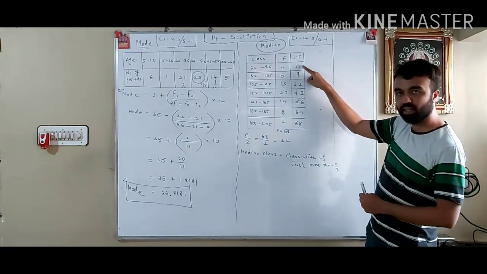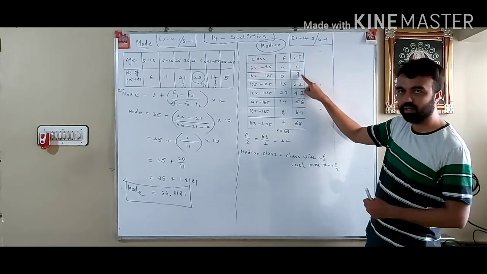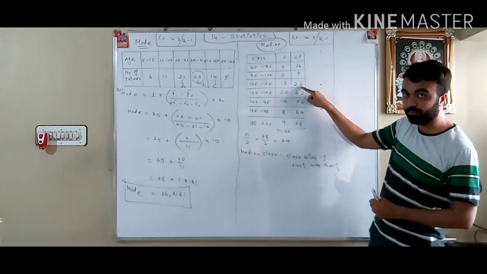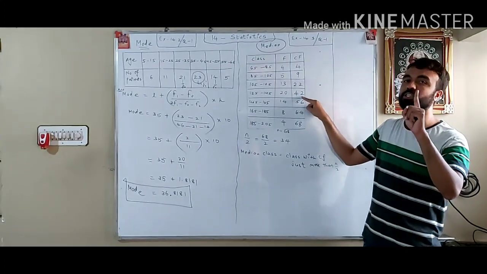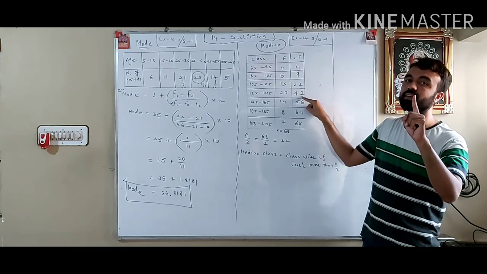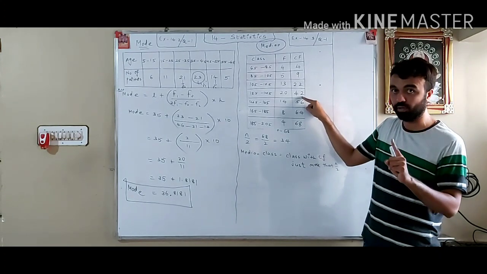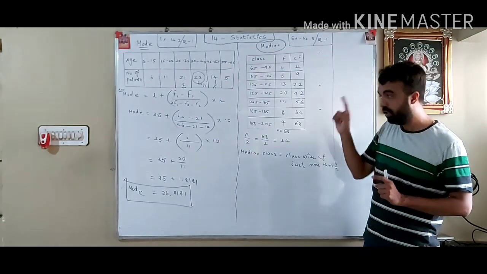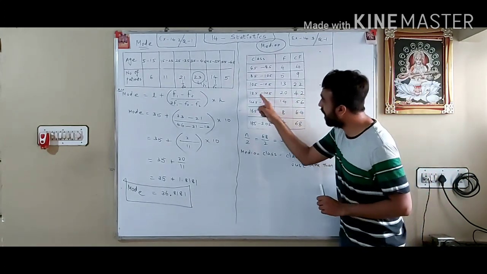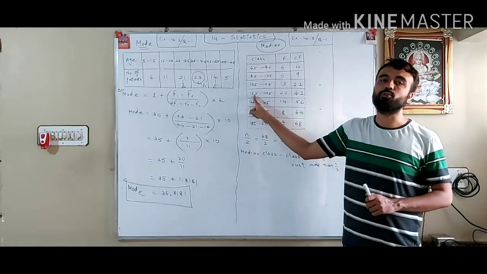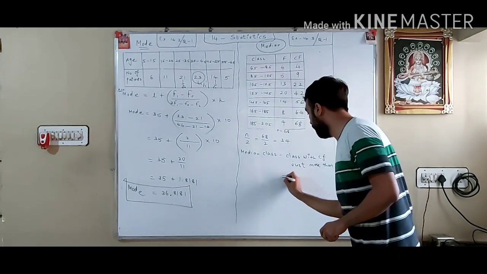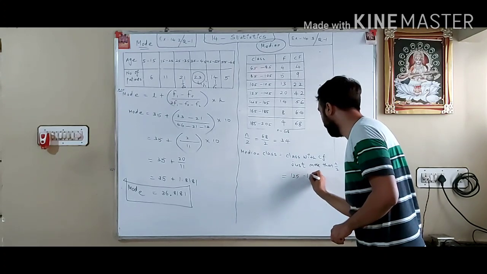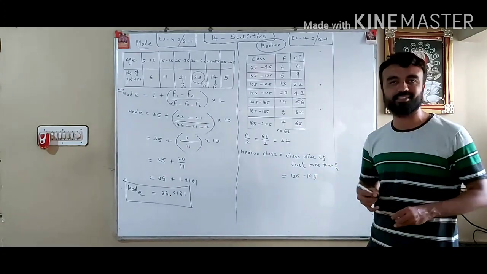This is not more than 34. This is not more than 34. This is not more than 34. Yes, this is the first number which is more than n by 2, matlab 34. So this is our main number 42. And this 42 comes in which class? 125 to 145. And that is why 125 to 145 is our median class.